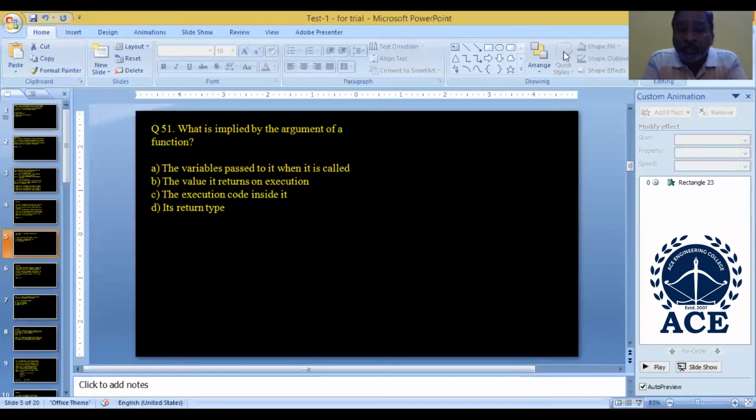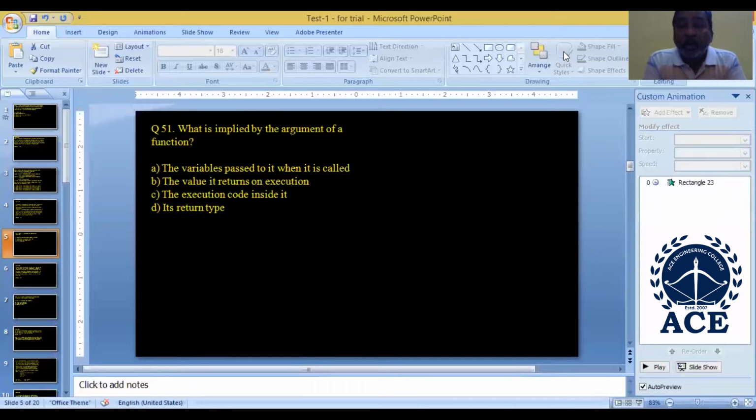And the variables incorporated here in the definition are called parameters. These parameters can be a copy of the value or the address location, the original value itself going into the computation. Accordingly, it is called call by value and call by reference in the C programming language.